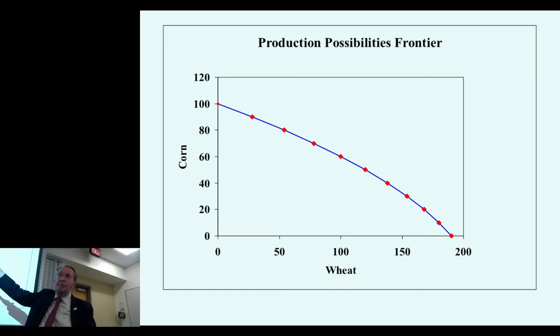What's happening to the slope? It's becoming steeper, right? Because the lowest cost was moving from all corn to row 10 in wheat, and then row 9, row 8, row 7. When you get down here to row 1, it's a 1 to 1 ratio, right? Because row 1 was 10 to 10.